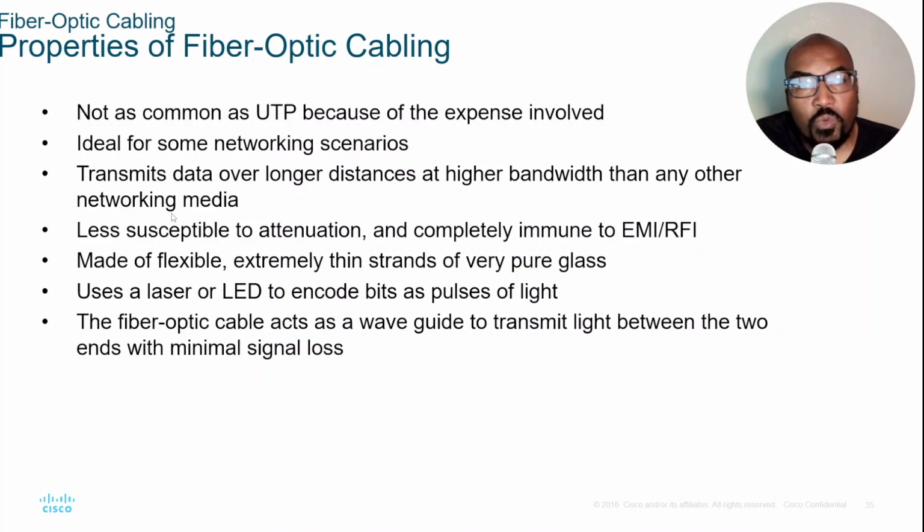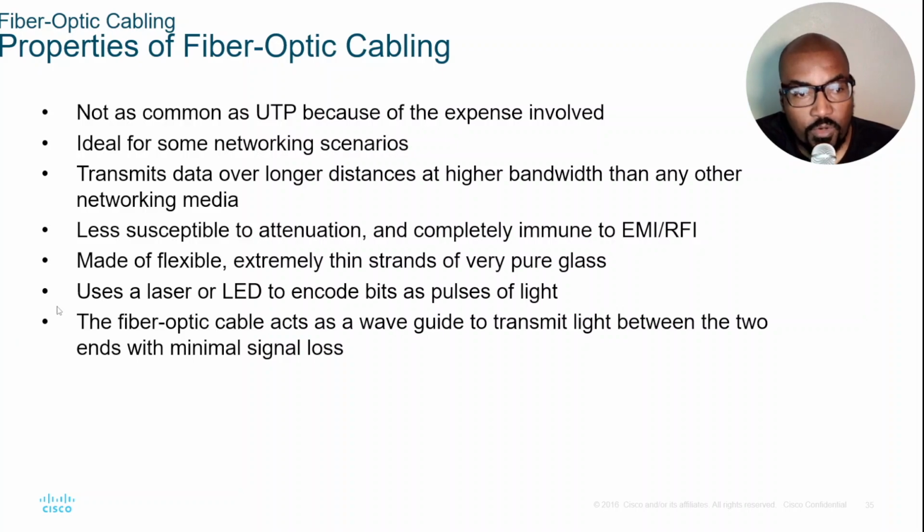It's less susceptible to attenuation. Remember throwing that ball, so it has all kinds of energy to get to where it needs to. Fiber is much less susceptible to that, meaning that you use fiber, it's going to get there without any challenges typically, unless there's a break in the line. And it's completely immune to EMI and RFI.